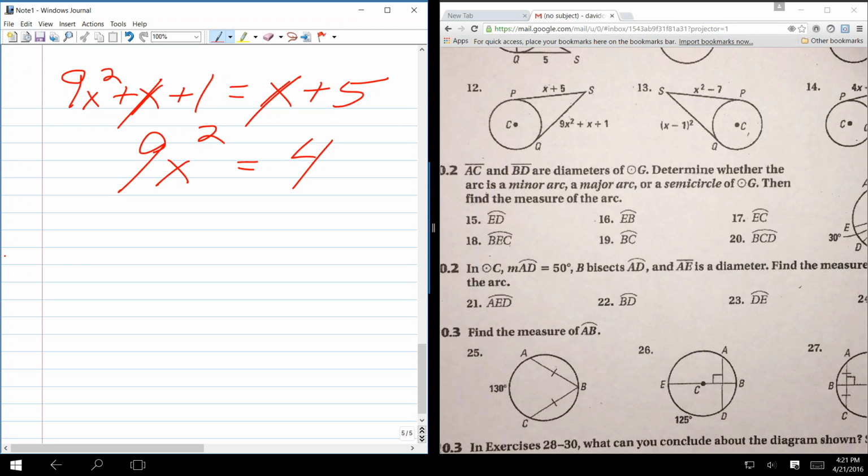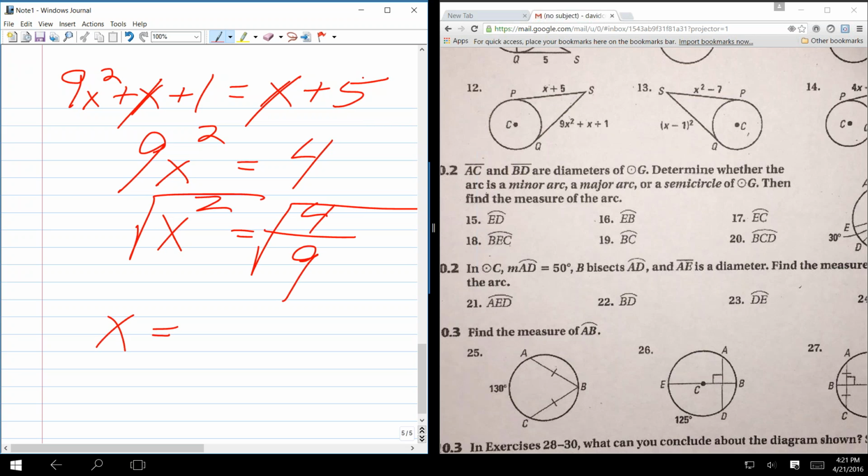Well, that's not entirely wrong, but it's not going to leave me with x. I want to isolate x, so what should I do before taking the square root of both sides? Divide everything by 9. Now you've got x squared isolated. Now if I take the square root of both sides, I'm going to have my answer.